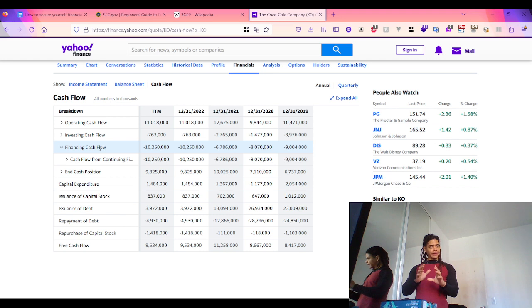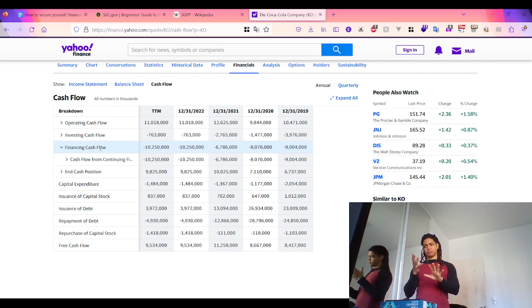So most of the time, the activity involved in financing is, from the company perspective, raising funds from creditors or investors, repaying debt, and distributing dividends.